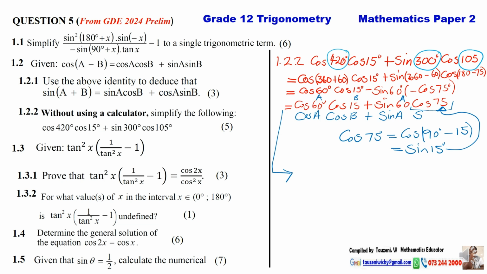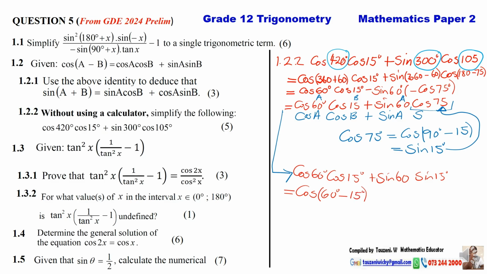So I have the cos of 60 degrees multiplied by the cos of 15 degrees plus the sine of 60 degrees multiplied by the sine of 15 degrees. If you take this as cos A cos B plus sine A sine B, then you will see that it is the same as the cos of 60 degrees minus 15 degrees.